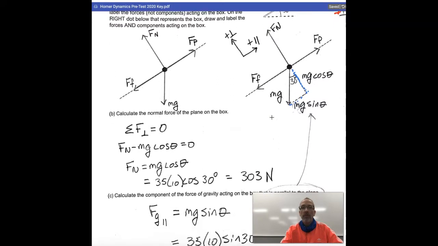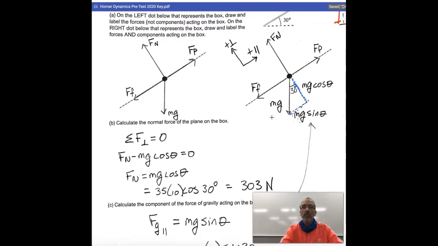So to do that, one thing I want to show you is, remember, we always want our angle. If we think about a dot right here on our diagram, that's the same as this dot right here. And since this is 30 degrees, this is also 30 degrees, and that's through geometry. But if you just remember, as long as my dot is touching the plane and I have the same dot down on the bottom with the horizontal, those two angles are the same. This angle would not be 30.